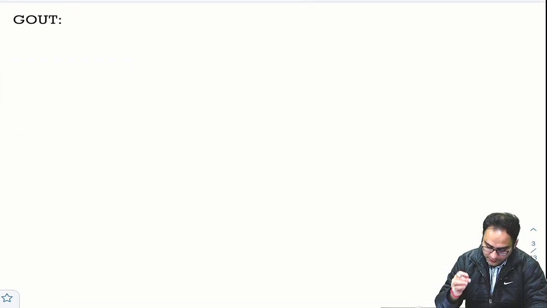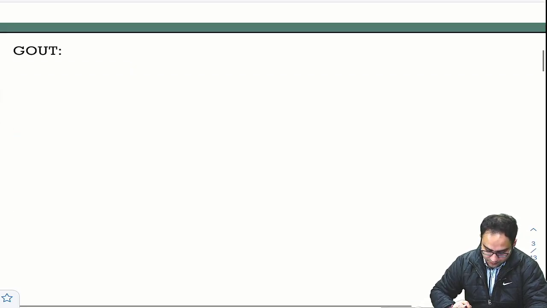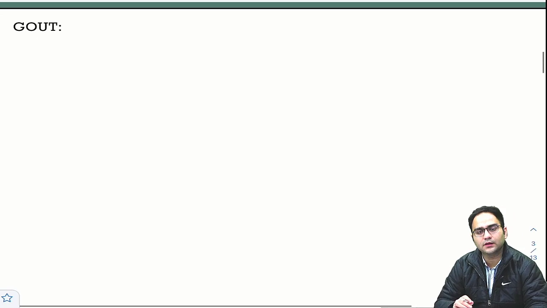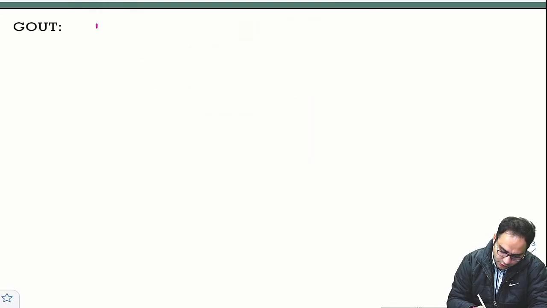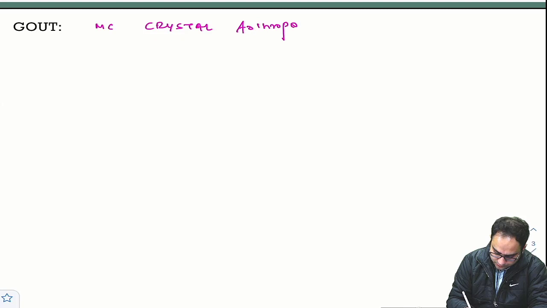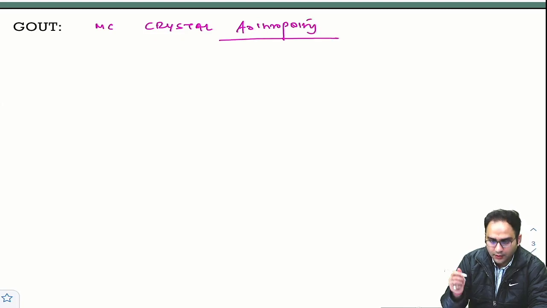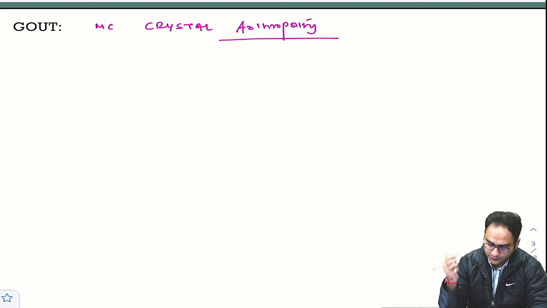Now, we will start with the most common crystal arthropathy, which is gout. How does it arise?